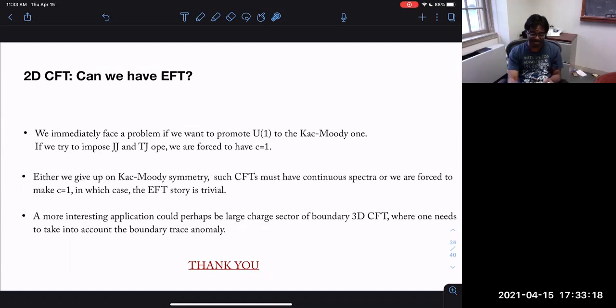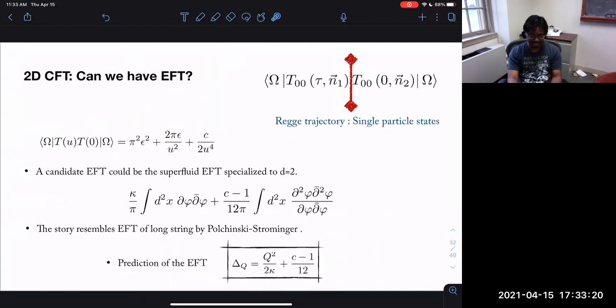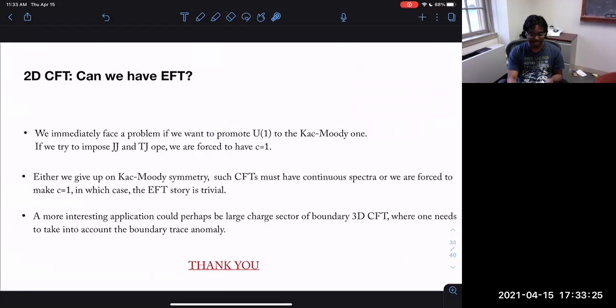This extra term, like the central charge here, could play a role in accounting for the boundary trace anomaly. So in that sense, this EFT might be useful. With that, I will stop here and thank you.